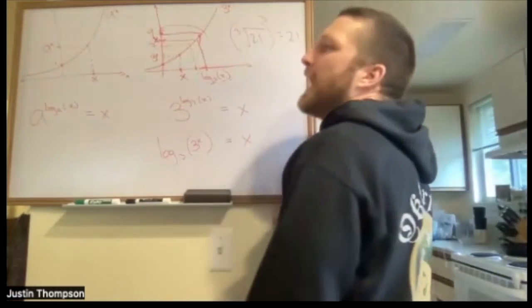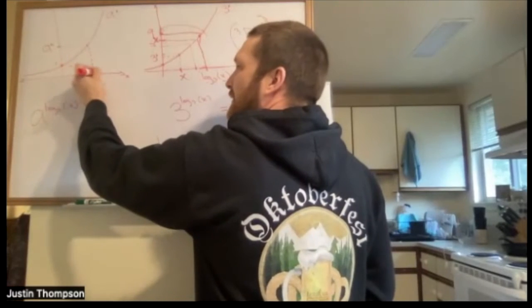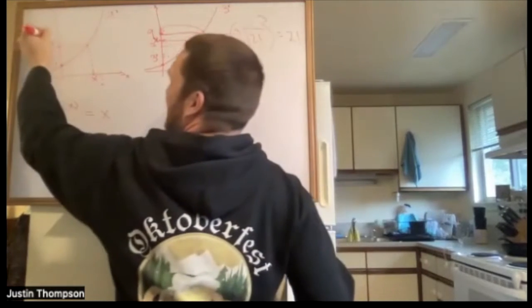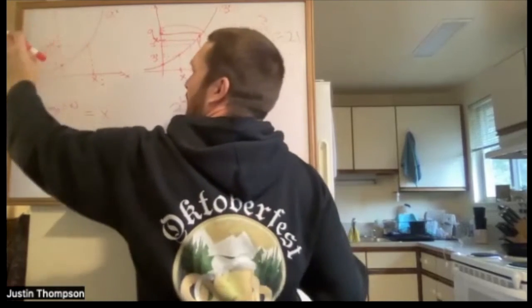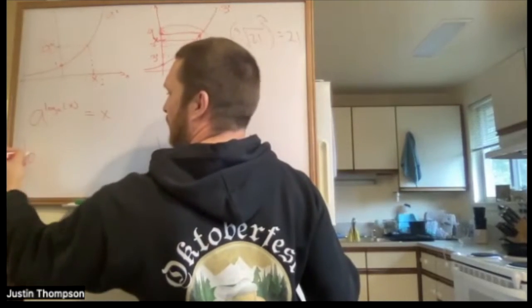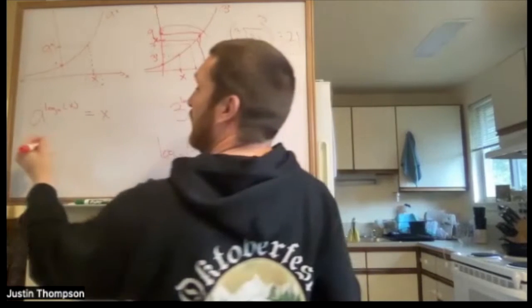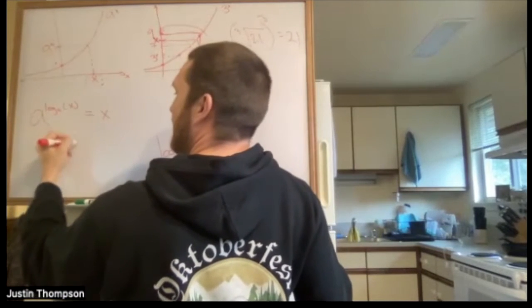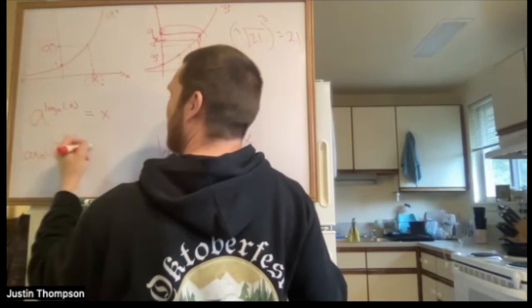And then if I pull it back, I end back up at x. If I take this output and make it my new input, I'll write it in the order that I'm saying it: we took a to the x, and then we took the log base a of that.